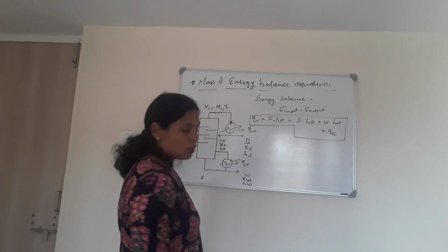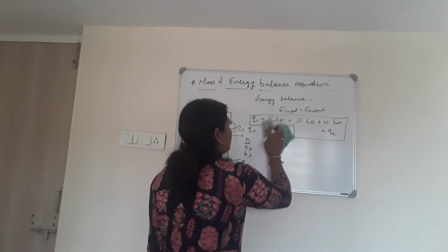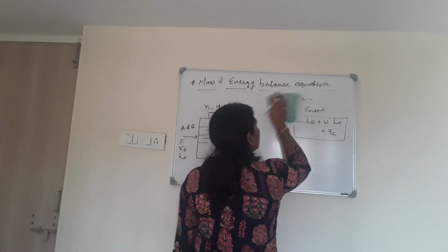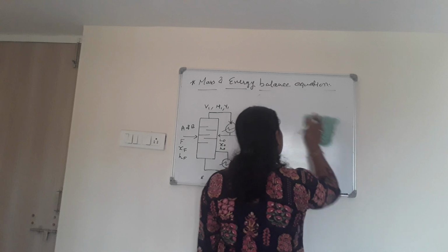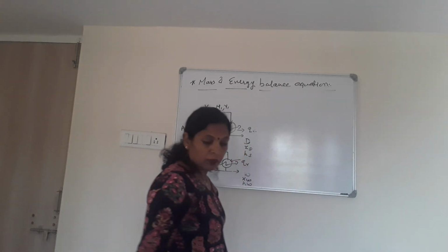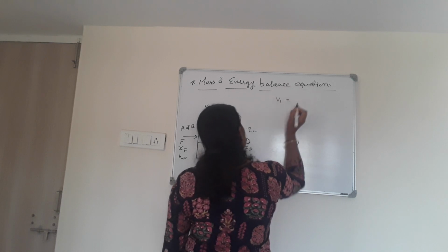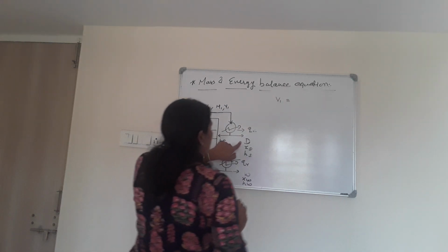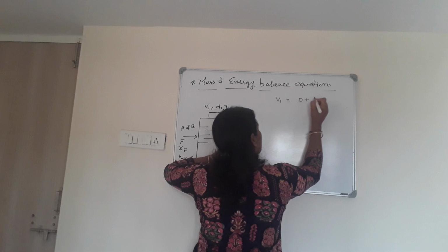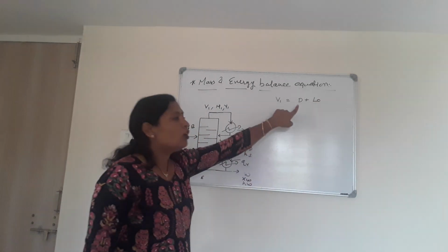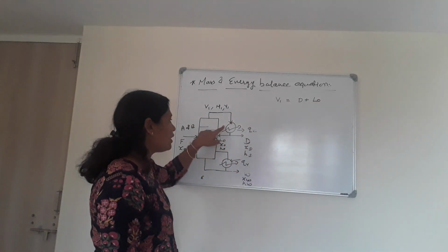Now we can also consider the mass balance and energy balance over the condenser. So what it becomes: V1 is equal to D plus L0. This will be the overall material balance over the condenser.